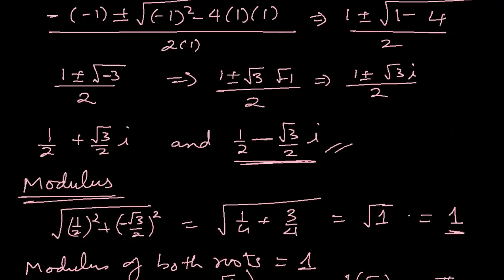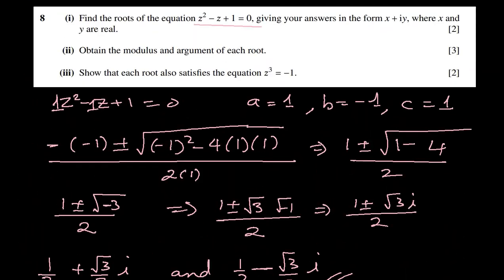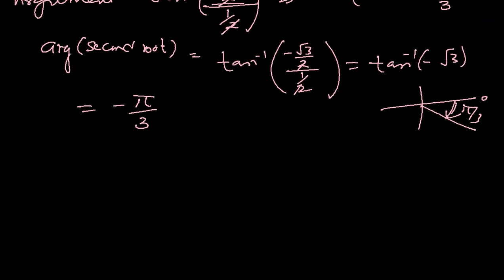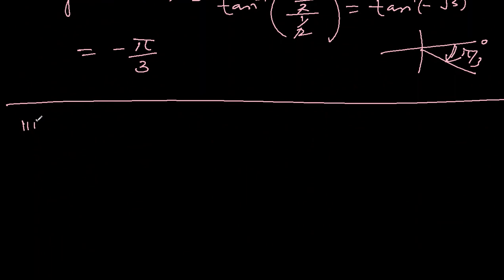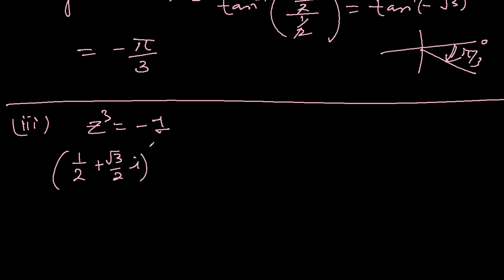Okay, next part. Show that each root also satisfies the equation z cubed equals minus 1. This is what we have to prove, and our first root was half plus square root 3 over 2 i.